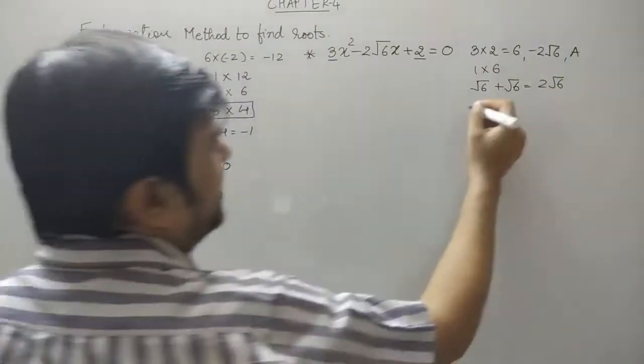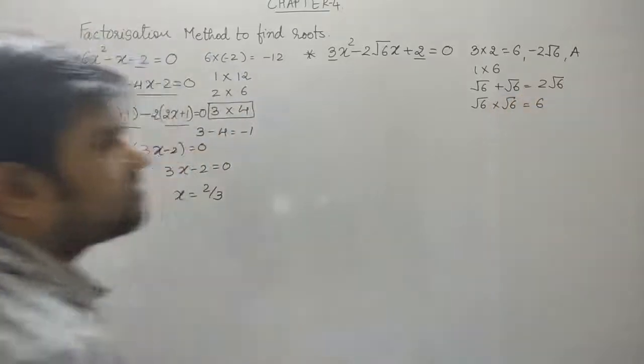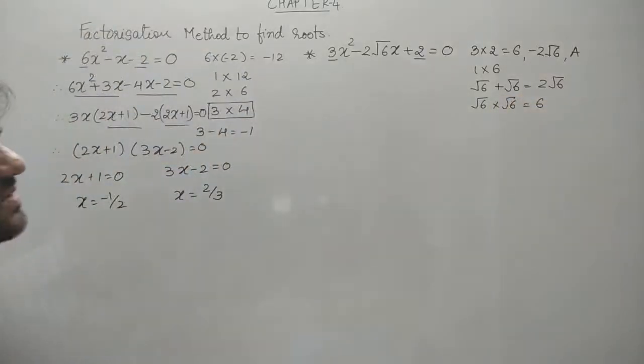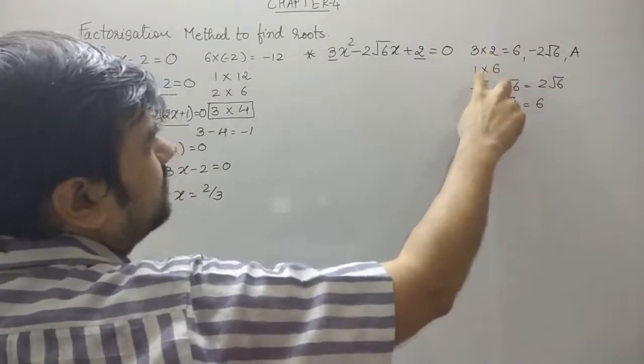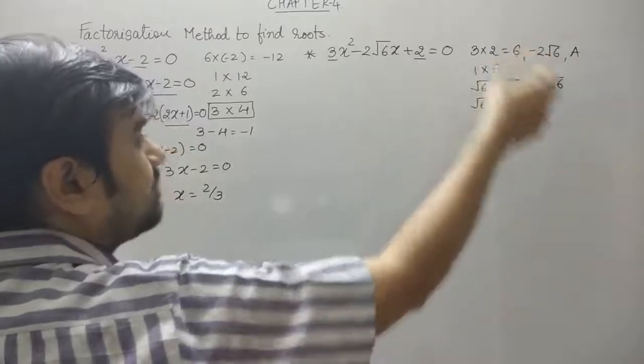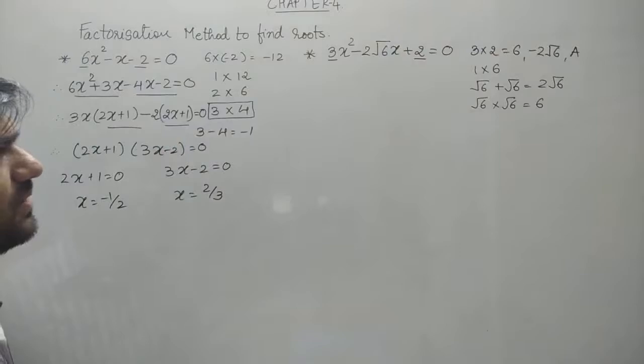And the factors are root 6 into root 6, which comes 6. So this is a tricky question, remember students. 6 has only two sets of factors, 2 and 3, and 1 and 6. But here both are not possible to obtain 2 root 6, because we have to obtain an irrational number.